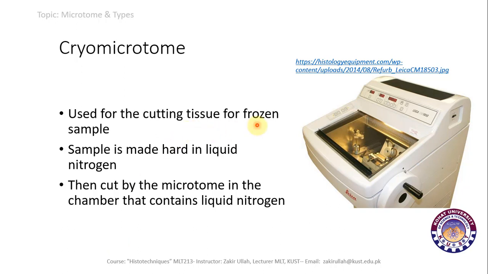The cryomicrotome is the next type of microtome, which is used for cutting the tissue for frozen section, and the sample is placed in hard liquid nitrogen so that it gets solidified and freezes. Then these frozen samples are cut with the help of the microtome in the chamber, and that chamber contains liquid nitrogen.